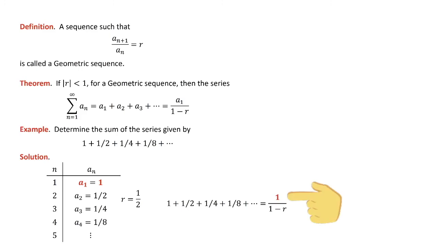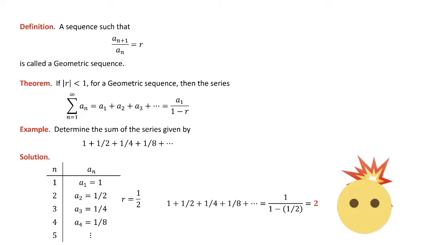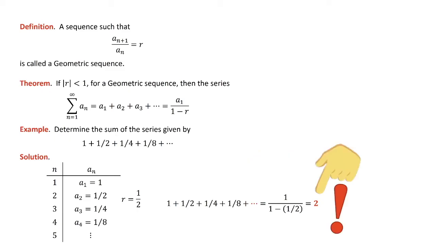In this case, it's 1. The formula isn't 1 over 1 minus r. It just so happens my first term is 1. Next, I plug my ratio in here, and it just equals 2. Very simple. It equals 2, and that's remarkable.